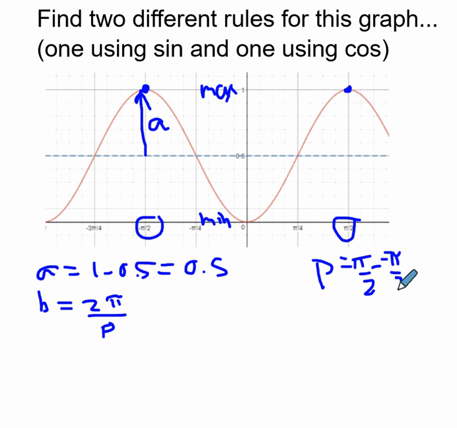So that gives you 2 pi over 2, or if you simplify, is pi. So your period is pi. So here you're going to have 2 pi over pi. So your b is equal to 2.